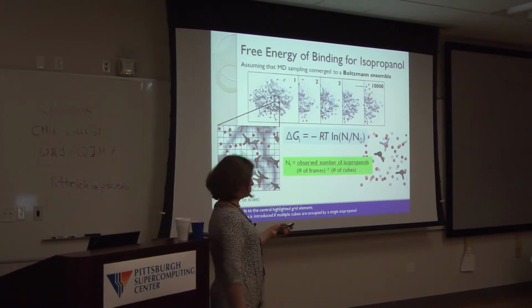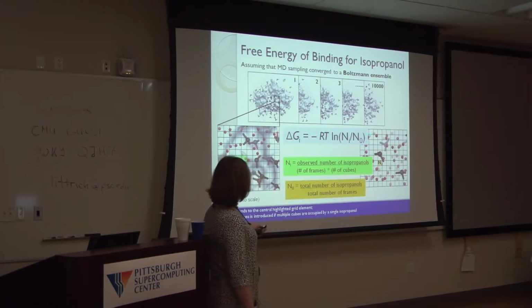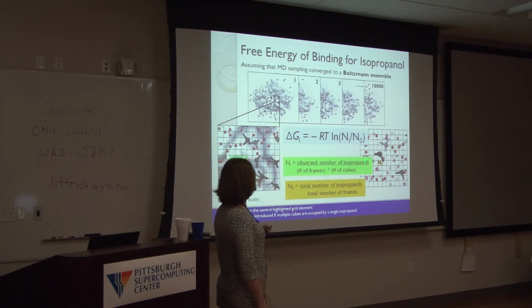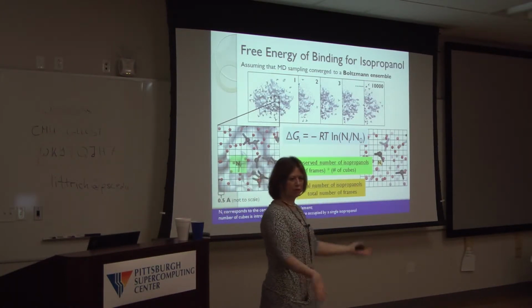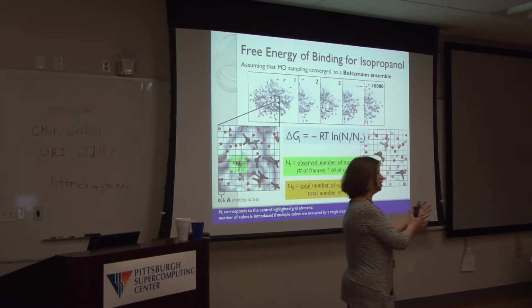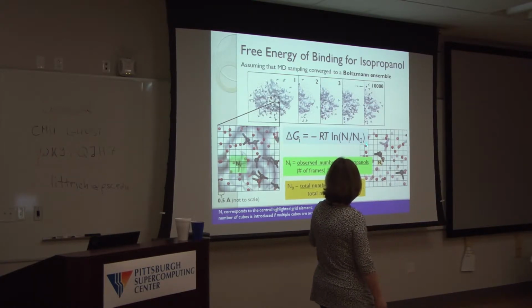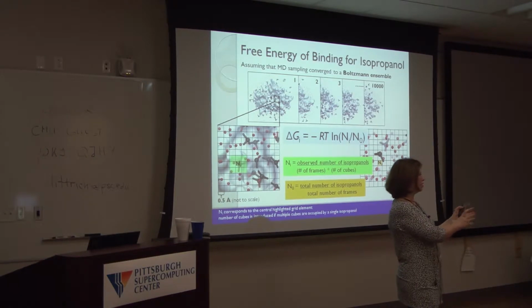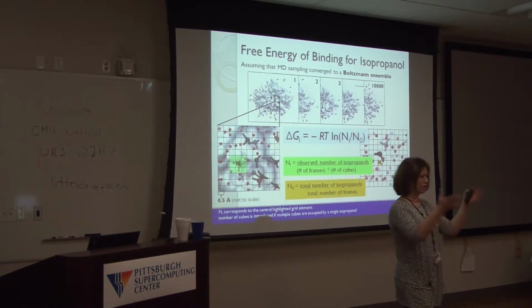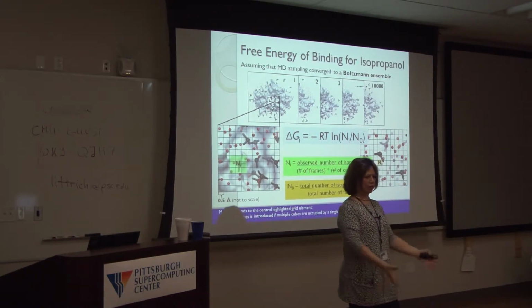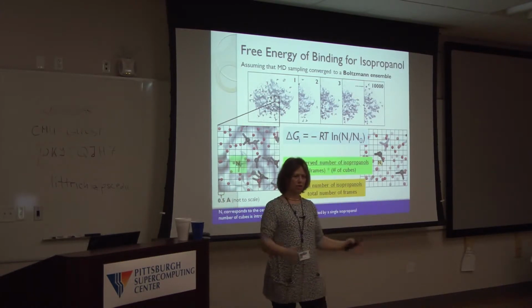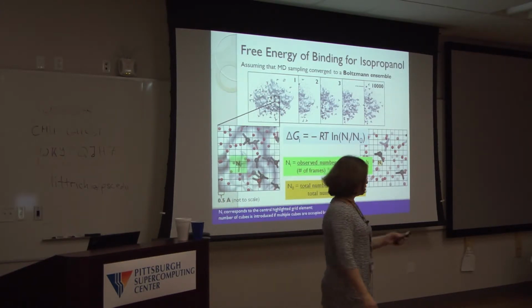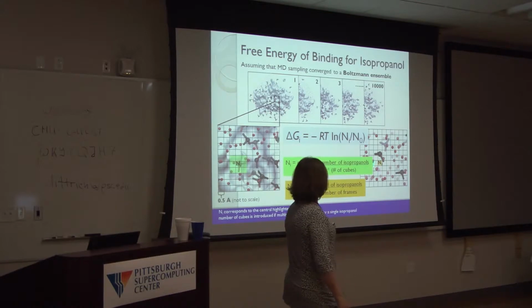The density of isopropanols, if you like, because we divide by the volume size. And then we take the total number of isopropanols in the entire simulation. So we know what this would be, the N0 would be what is expected, right? You have a certain number of isopropanol molecules, you have a certain number of grids, or you have your overall surface, which is divided into grids. So this is the expected probability, if you like.